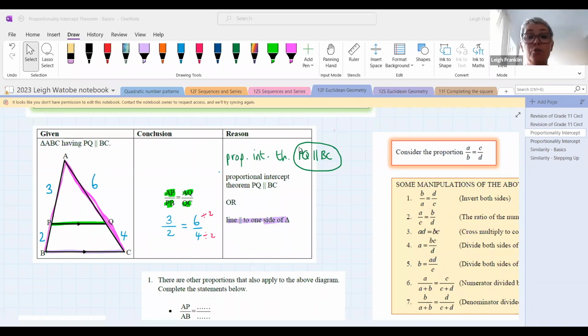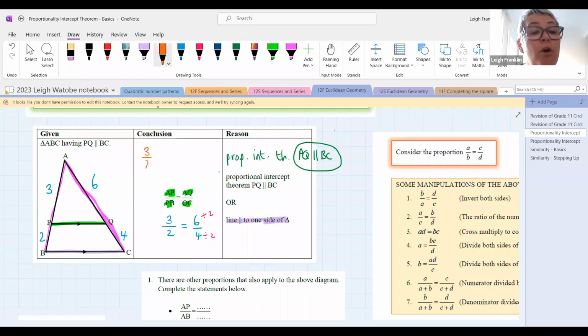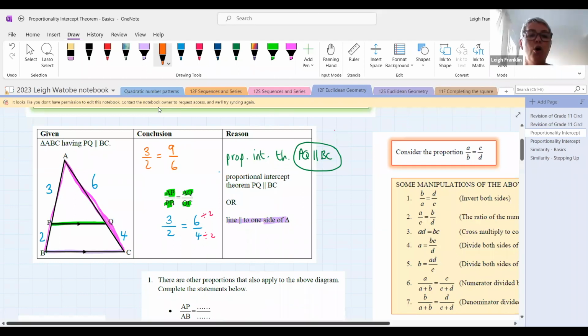There's other numbers I could use as well if I wanted, Anthony. Those are not the only numbers. It would depend on the length of the side. So if I say it's 3/2, then on this side over here, I could have 9, I times by 3, I could have 9/6. Okay, so it just depends on what ratios they have given you.